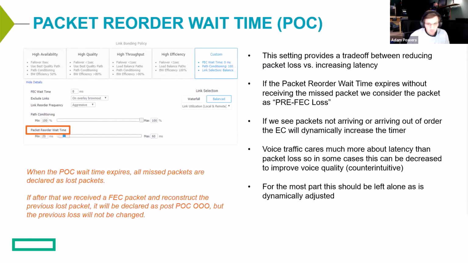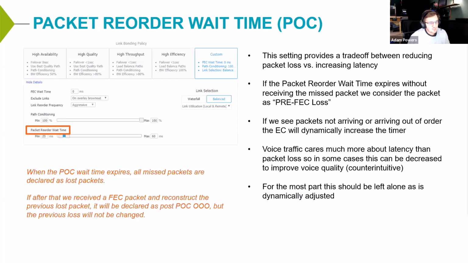This is the packet reorder wait time. This has to do with when we decide to report loss. So when you see a little loss spike show up in the various charts throughout the product, that means that this timer expired. Like we waited longer than something and decided that it was lost.